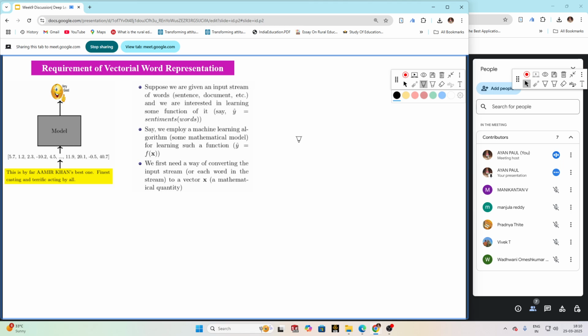So whenever you are taking any type of review, you will be receiving inputs in terms of sentences or documents like that. For example, you have a new movie released. Whenever you ask people how is the movie or how you liked the movie, they will be giving you some opinion, right?